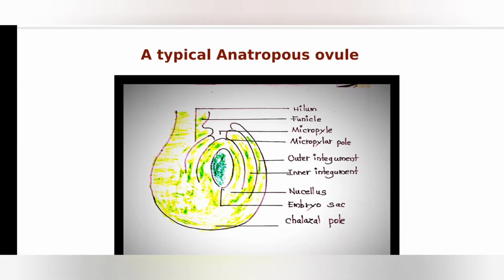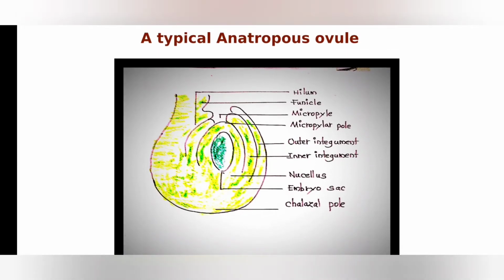Now here comes a typical diagram of an anatropous ovule. What is meant by an anatropous ovule? Here the ovule remains upside down. Now let us see the parts of the ovule.